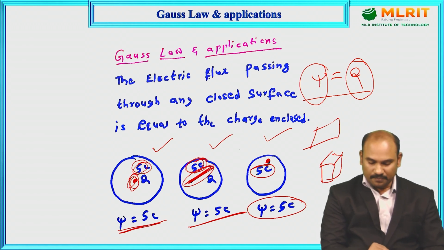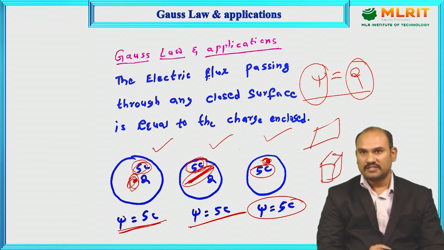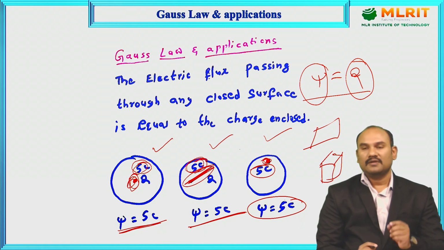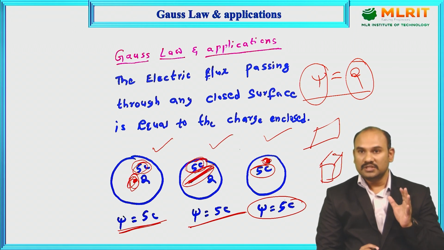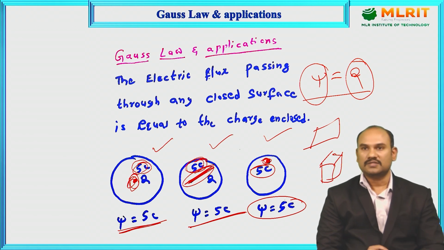If you change the position of the charge, flux has not changed. So flux is independent of the type of charge configuration and of the position of the charge inside the closed surface. Flux is dependent only on the amount of charge in the closed surface. This is how to interpret Gauss law in a more detailed way.